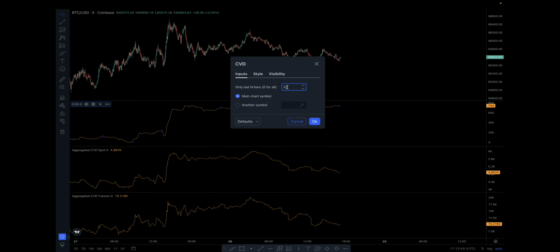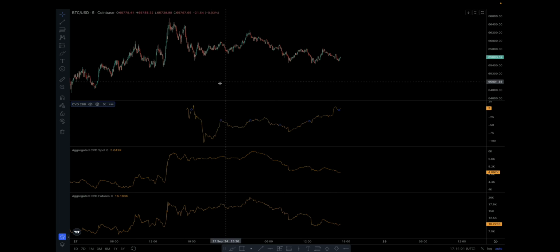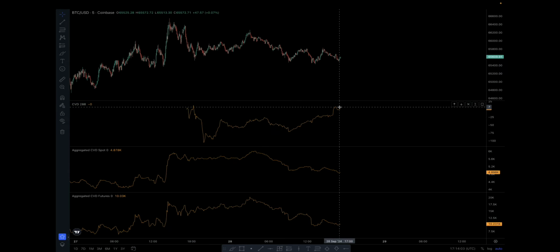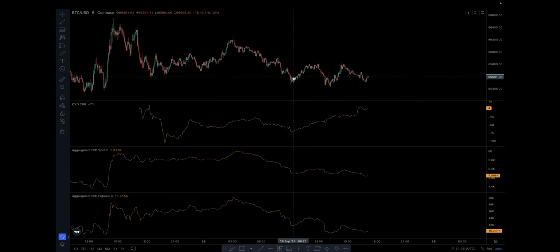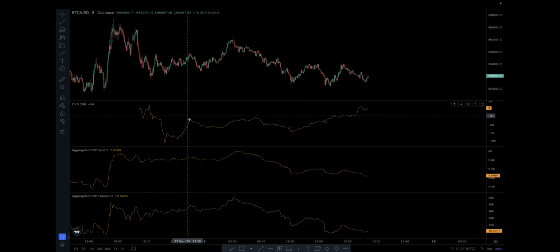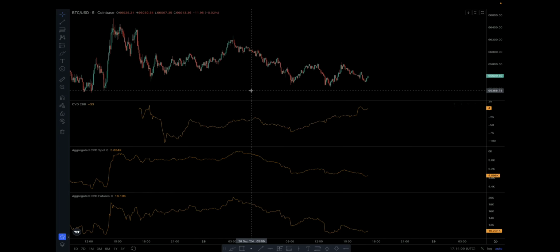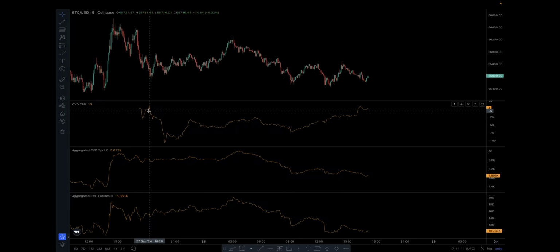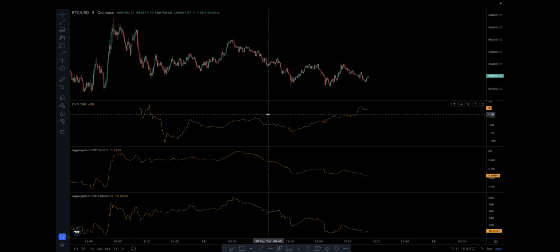So if you're on a 5-minute chart and you want to see the last day, 24 hours, there's 12 5-minute bars in an hour. So there's 288 in a day. If you type in 288, that will show you the CVD only from the last 24 hours. So now, from 24 hours ago to now, you can see the CVD in more detail. It's not showing you anything before that. So you can look at the divergences, you can look at the changes across it with that in mind.